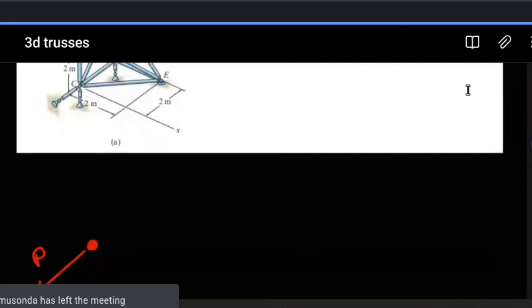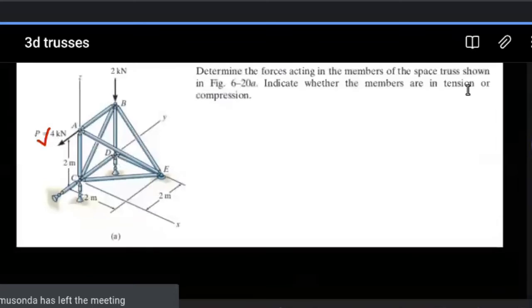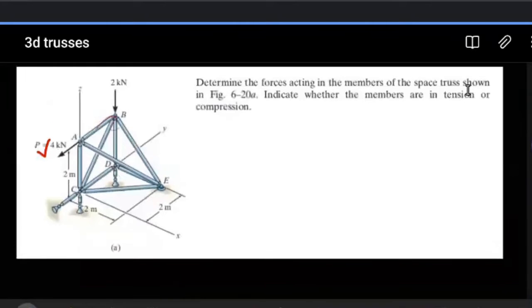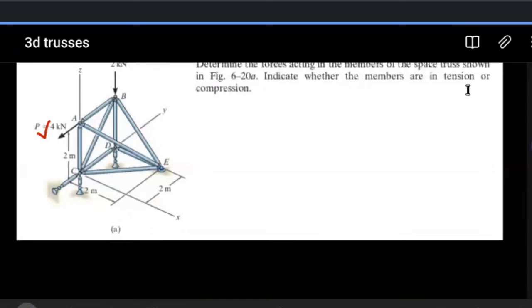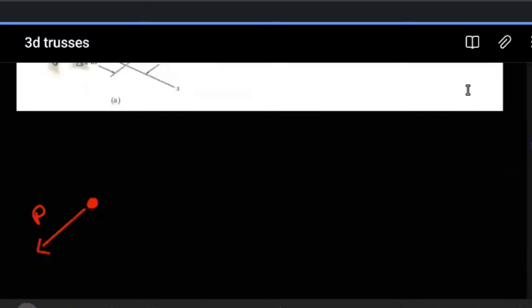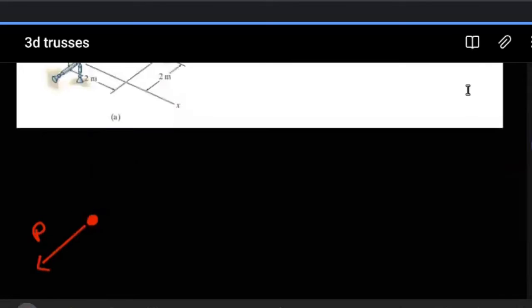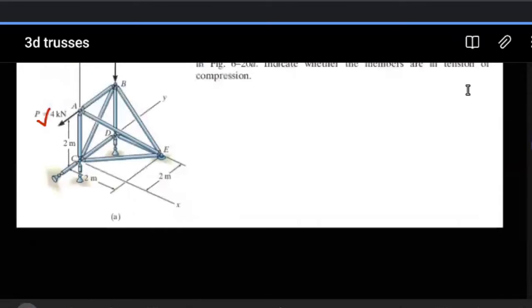Now, after we have the force P labeled, I want to indicate the forces in each of these members. I have AB here, I have AE here, then I have AC down here. So how do I label them? Of course, using the method of joints, you want to assume direction. Just like I have been doing in all the other cases, I'm going to assume all the forces are going away from the joint.